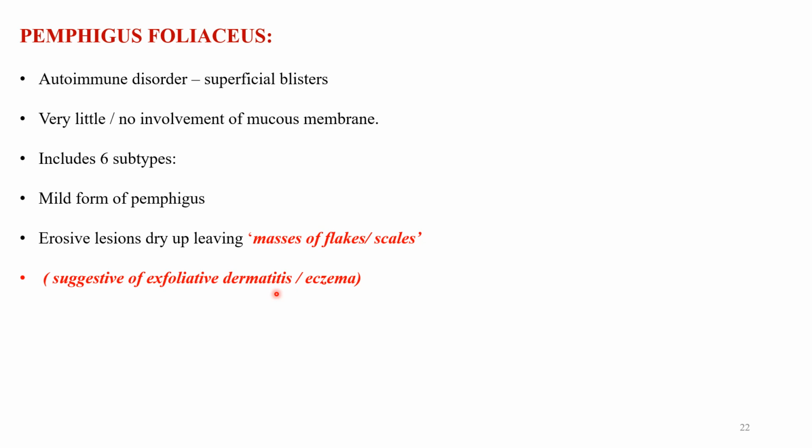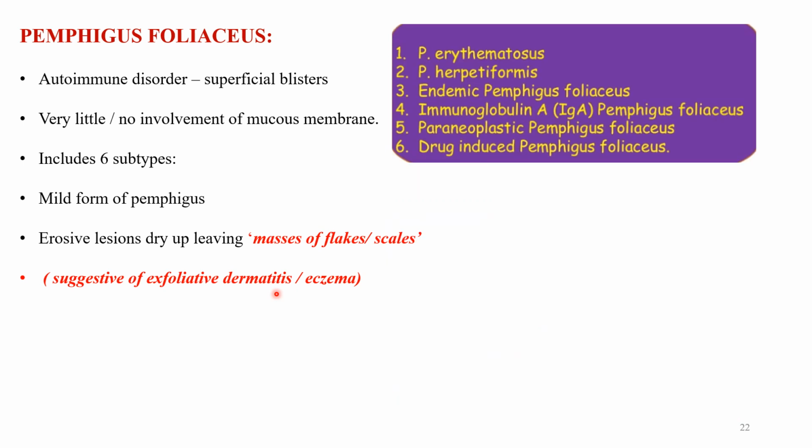And then there are 6 subtypes of this Pemphigus foliaceus which we have to remember. They are Pemphigus erythematosus, Pemphigus herpetiformis, endemic Pemphigus foliaceus, immunoglobulin A Pemphigus foliaceus, paraneoplastic Pemphigus foliaceus and drug-induced Pemphigus foliaceus.